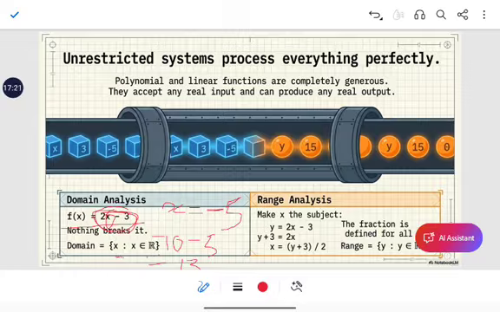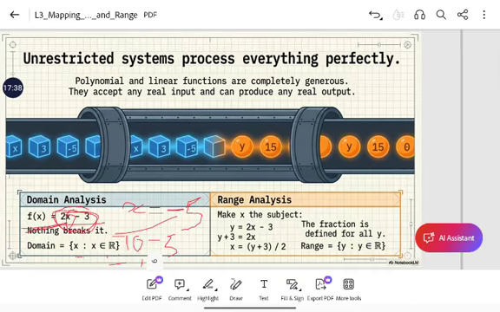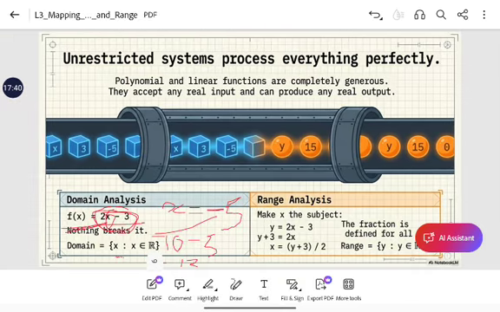Good. Now we come to the range. Okay, how do you find the range of a function? Now you see that we have f of x is equal to 2x minus 3.